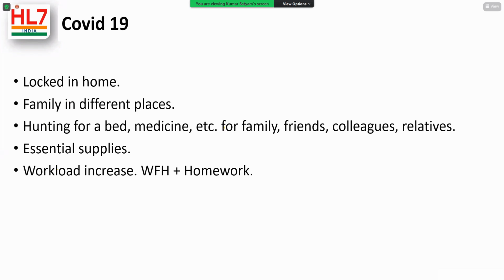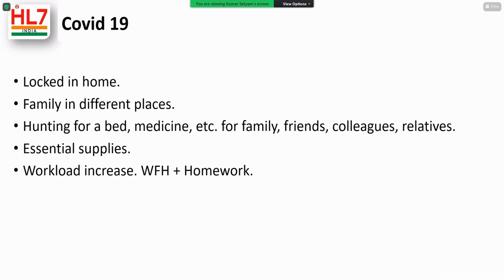And family members and relatives are in different places. On a daily basis, we are either trying to help a family member, a friend, a colleague or a relative hunt for a bed or a medicine or arrange for vaccination, all sorts of things.